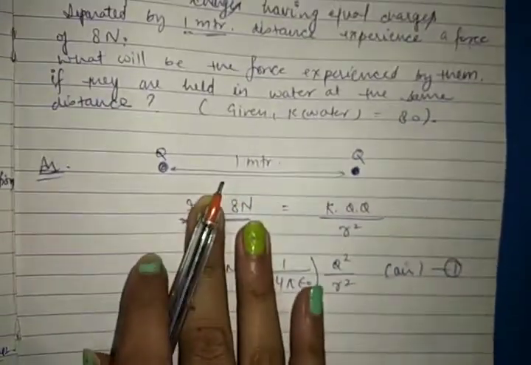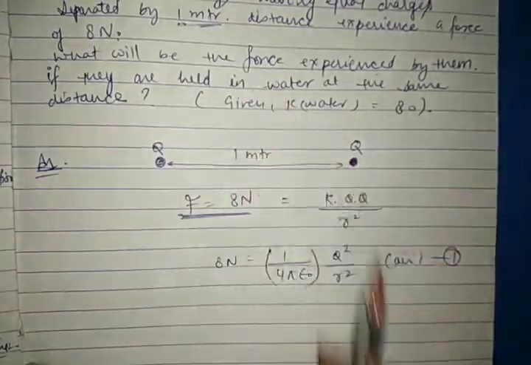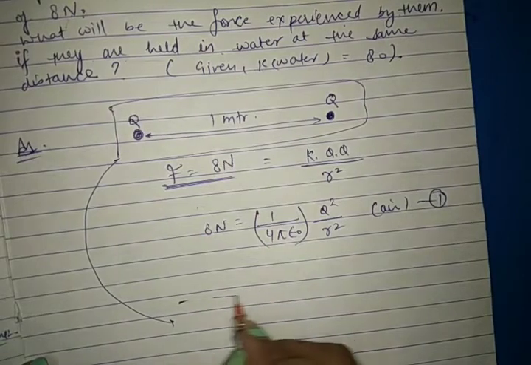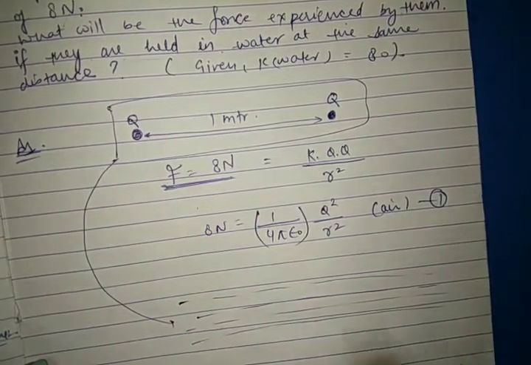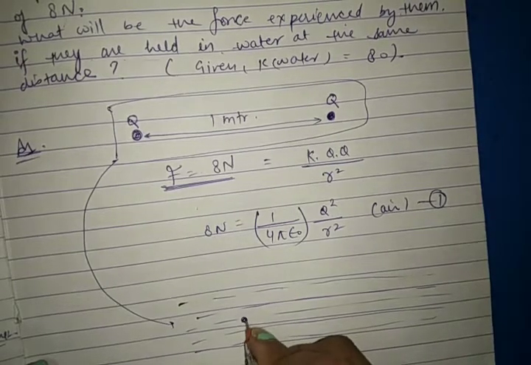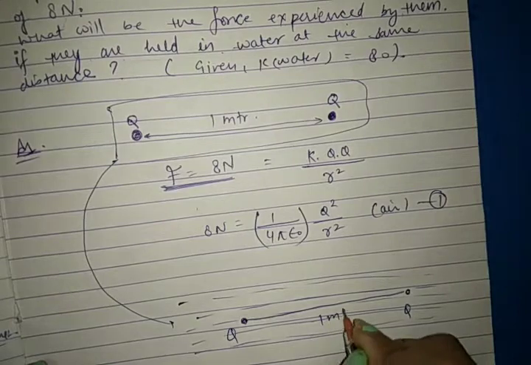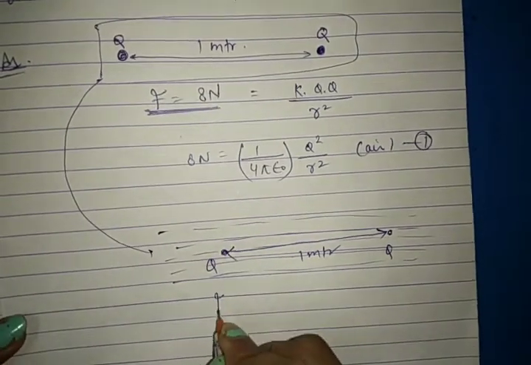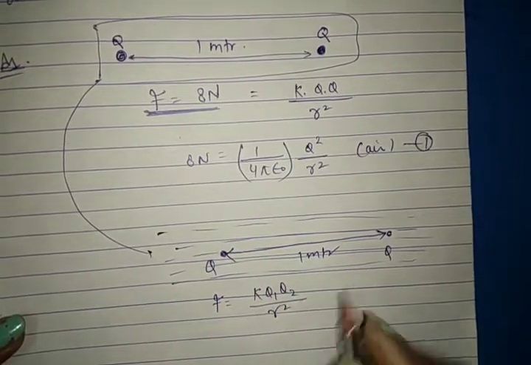Now the question says, what will be the force experienced by them if they are held in water? Now this arrangement is kept in water. The same arrangement is kept in water, right? This is Q, this is Q, the same 1 meter distance. So the force formula will be K Q1 Q2 upon R square.